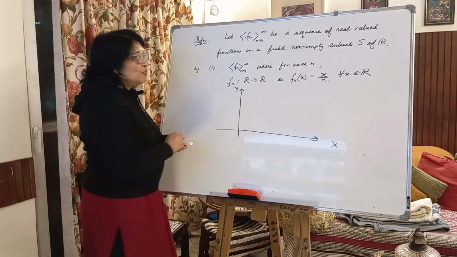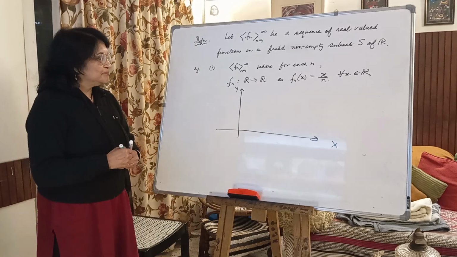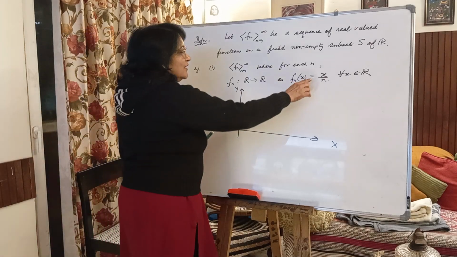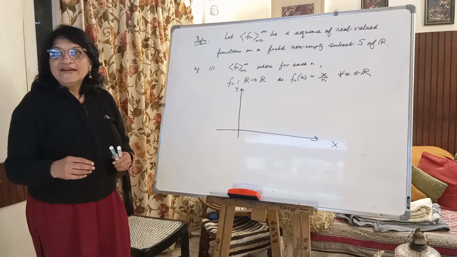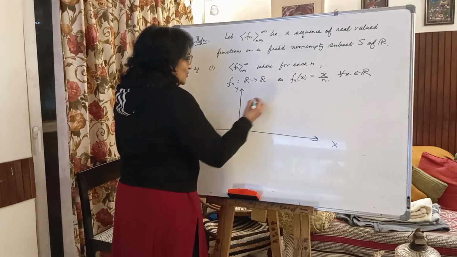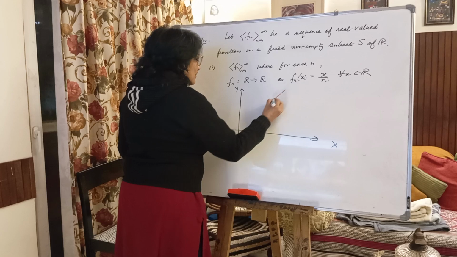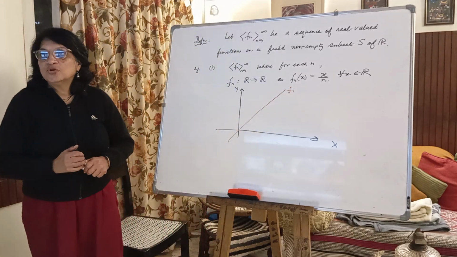Suppose you want to draw F1. What does F1 look like? You put n equal to 1. Straight line. Which straight line? F1 of x is, slope is 1. F1 of x is equal to just x. So let's just draw that first, F1. The first member of the sequence is drawn like this.